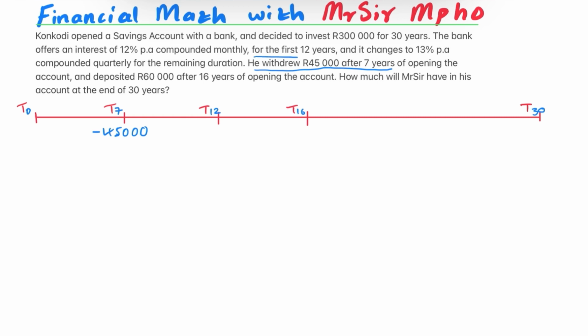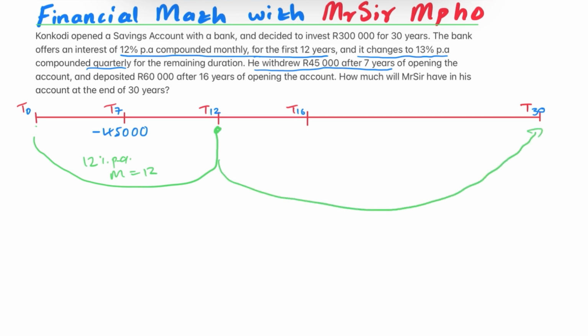For the first 12 years, the interest was 12% per annum compounded monthly, and it changed to 13% per annum compounded quarterly, which means from T0 to T12 there was an interest, which means we used 12% per annum, and M was 12. And then for the remaining whole period, we have 13% per annum, and M equals 4. It was compounded quarterly.